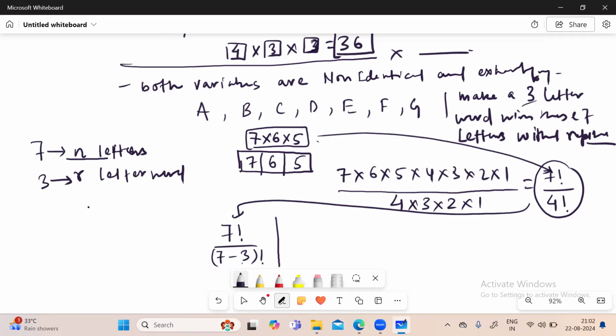So after this generalization, how many words we will find? We will find n factorial divided by n minus r factorial. और फिर इसी को we represented as nPr and we called it permutation.